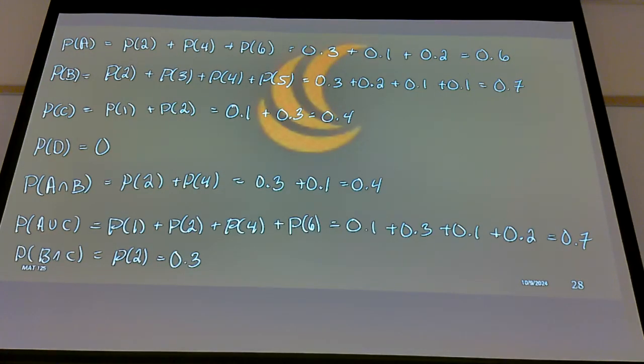Probabilities are easy because you know it, so it's easier for you. The probabilities are easy. It's the counting that's hard.